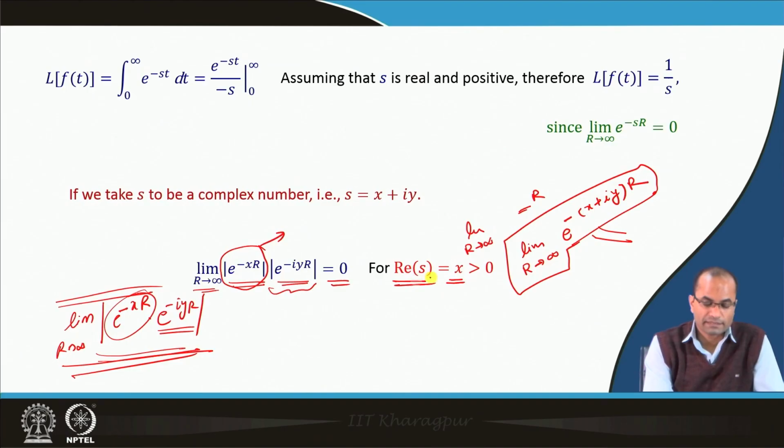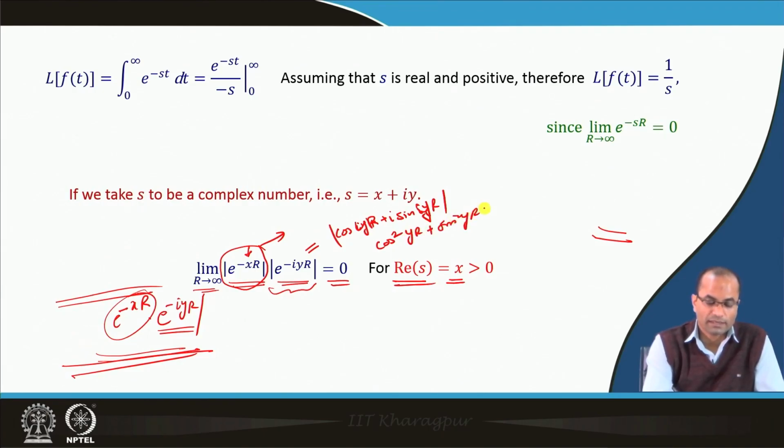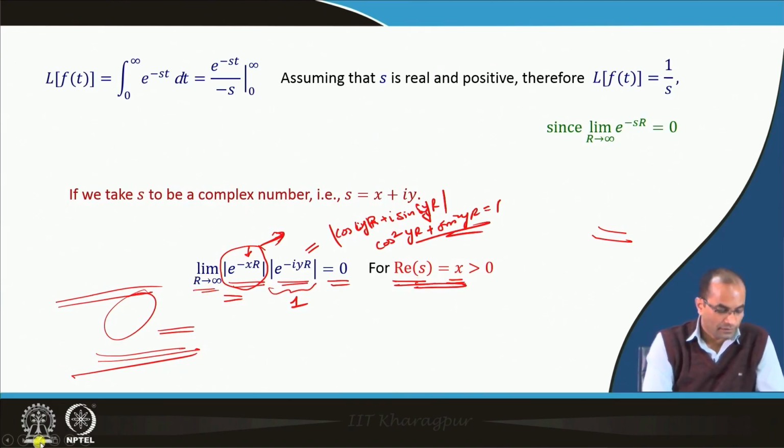The second term is nothing but cos y r plus i sin y r, and then the absolute value. So we have cos square y r plus sin square y r, and that is 1. So this quantity here is 1, and this goes to 0 when r approaches infinity for real s greater than 0.